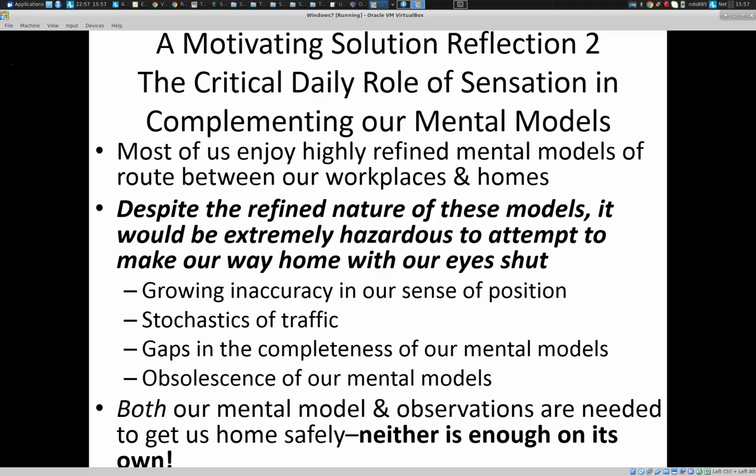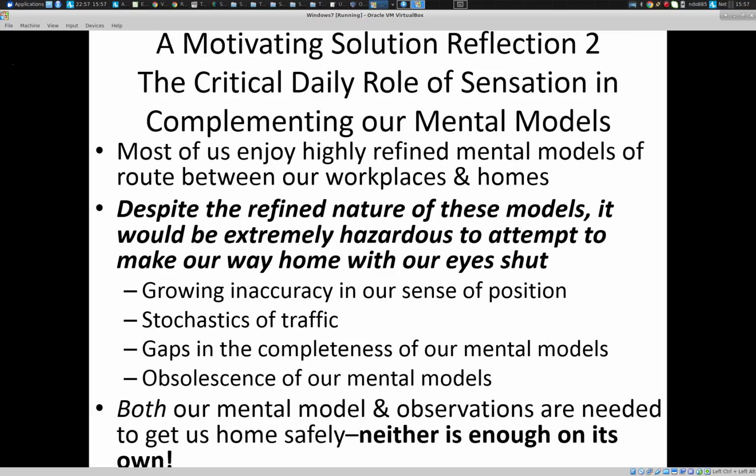And the analogy I gave the other day, just to motivate this work, is when we head home from this event, to our hotels, to the airport, or to our homes. The fact is that we do so not just with a perhaps very refined mental model of how to get home from here, but we do so in the midst of a constant process of observing our situation.